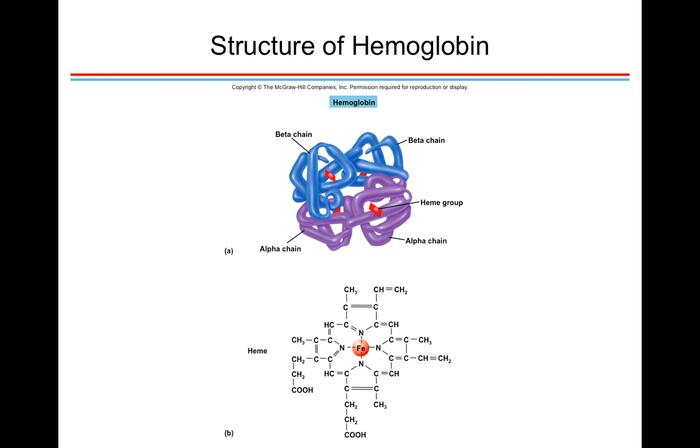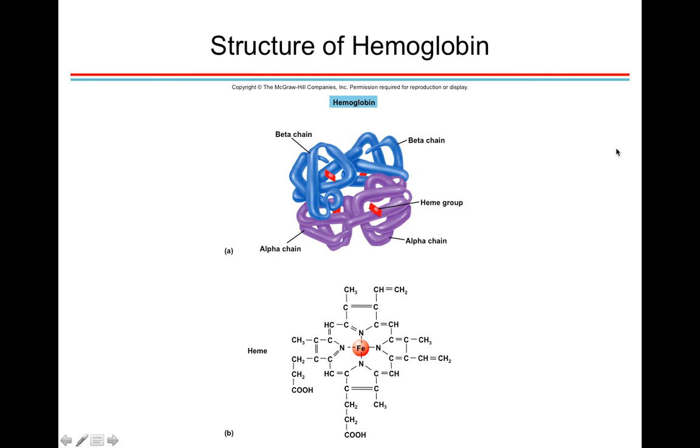This is a diagram of hemoglobin. Hemoglobin is composed of 4 polypeptide globins, 2 alpha and 2 beta.